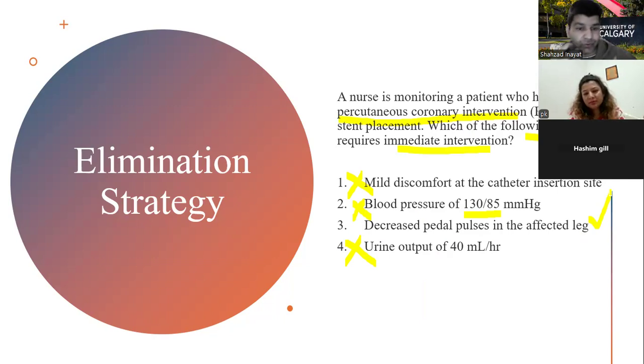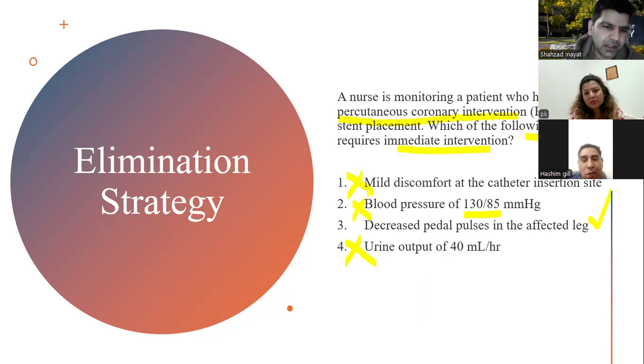This option requires immediate intervention. So this is how we need to learn and practice the elimination technique. If you apply the elimination technique, your passing probability will increase. For example, here we have four options. If we don't apply the elimination technique, our passing probability is 25%.